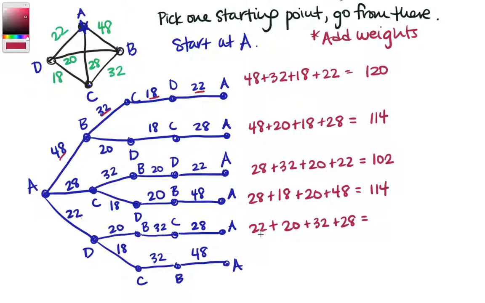If we add those together, what we get is 102. And the last one, 22, 18, 32, and 48. When we add these together, we get 120.